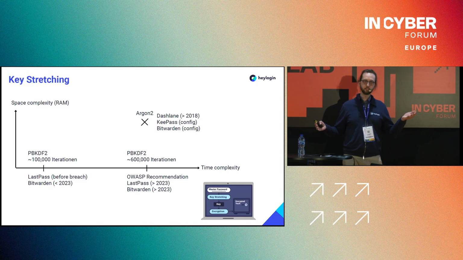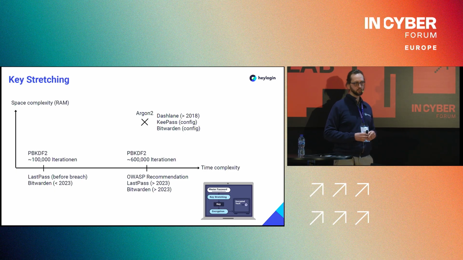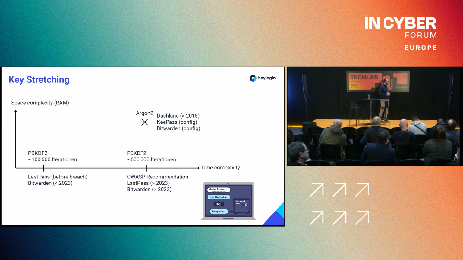There was a huge cryptographer competition of new password-based key derivation functions, and the Argon2 function won. So Dashlane already adopted it in 2018, so that's pretty awesome. Dashlane did the right step pretty early on, but a lot of other password managers haven't caught on, right? So yeah, they should have, in my opinion.